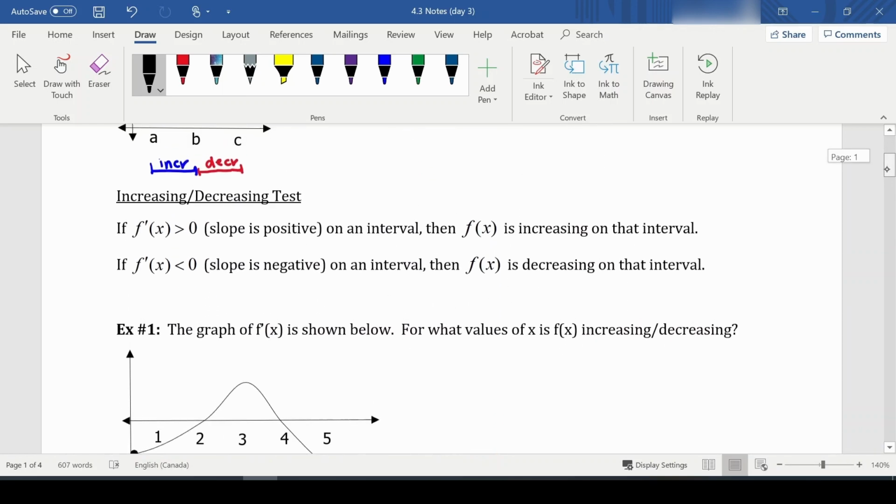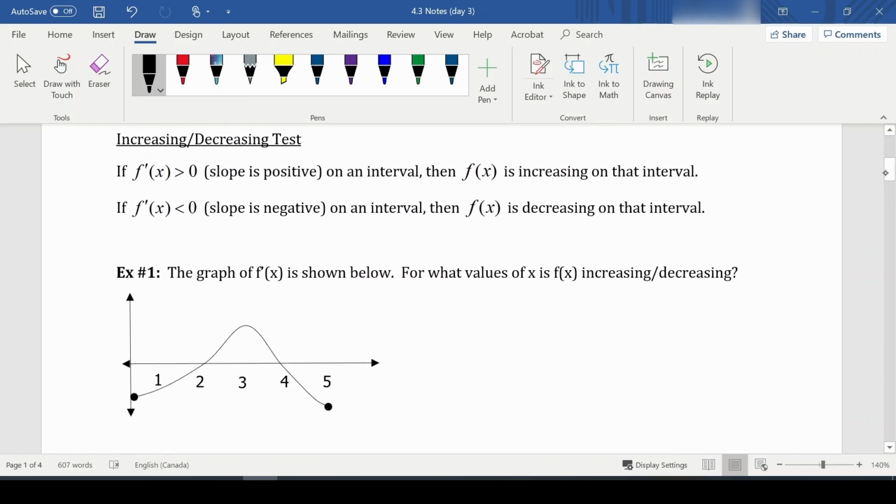So how we can use derivatives to figure out if a function should be increasing or decreasing is by looking if f prime is positive or negative. If f prime is positive, that means all of our slopes of tangent lines would be positive, and therefore our function would be increasing on the interval where f prime is positive.